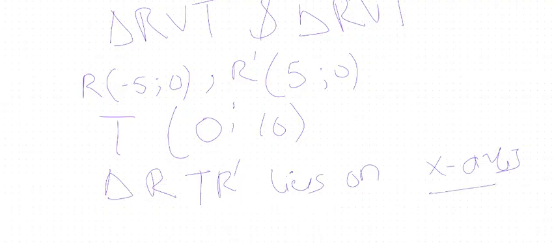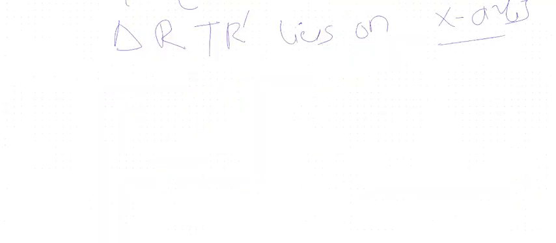So, using triangle RTR prime and triangle VRR prime, the triangles have a common base RR prime. The base RR prime lies on the x-axis, so the length of RR prime equals 5 minus minus 5, which is 10.